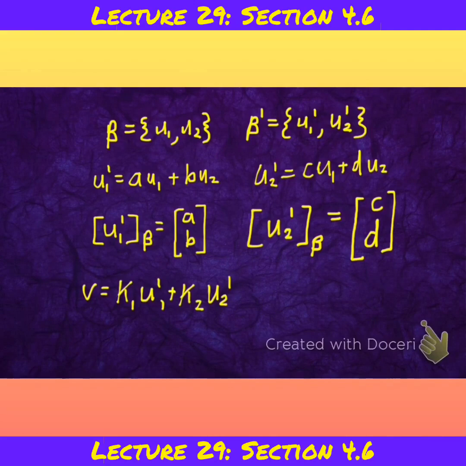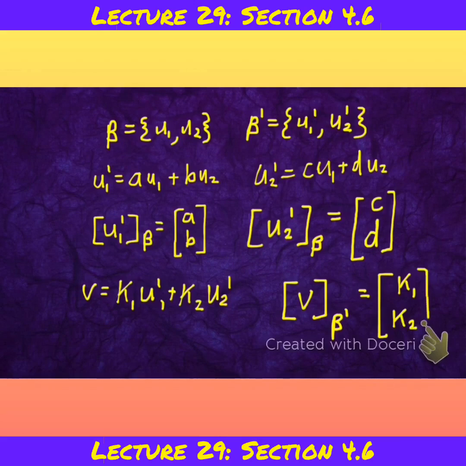So what is the coordinate vector of v with respect to the basis B prime? What is that vector? So the coordinate vector of v with respect to the basis B prime is the vector k1, k2. Now the question becomes, what is the coordinate vector of v with respect to the basis B?